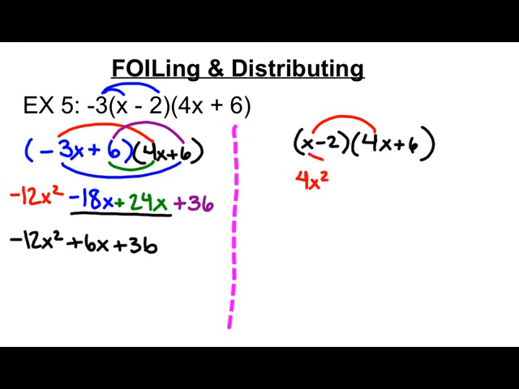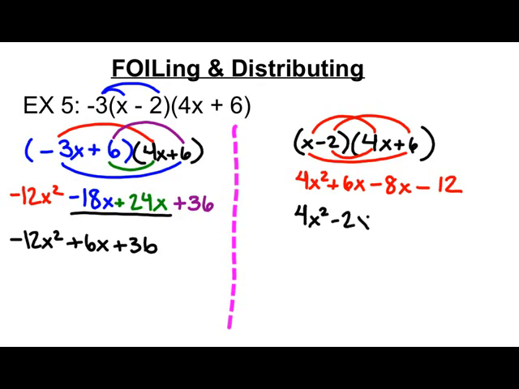X times 6 is 6x. Negative 2 times 4x is negative 8x. And negative 2 times a positive 6 is a negative 12. Now that reduces to 4x squared minus 2x minus 12.